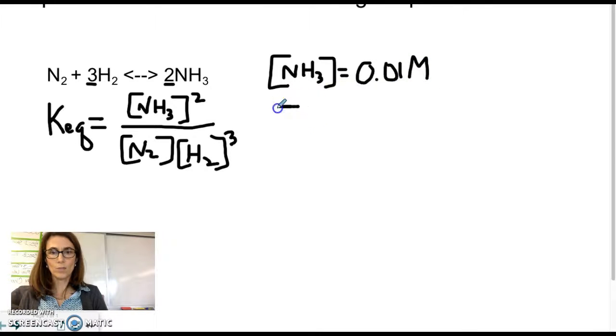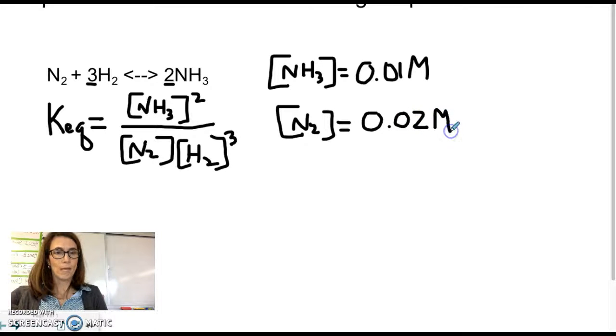Let's say the concentration for N2 was 0.02 molar. And the concentration for H2 was also 0.02 molar.